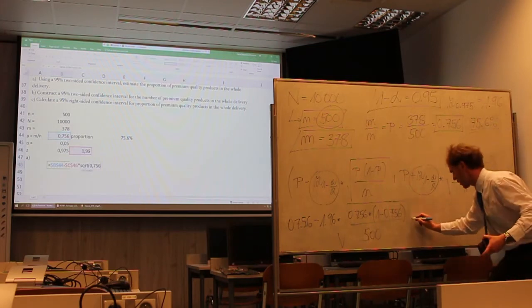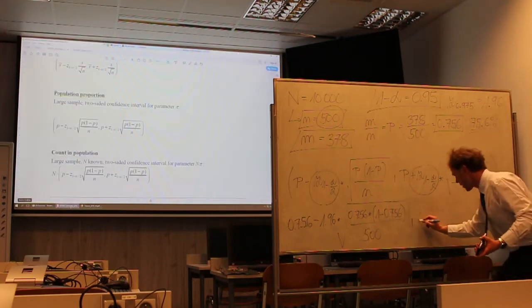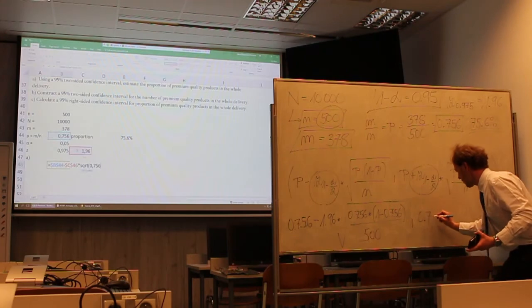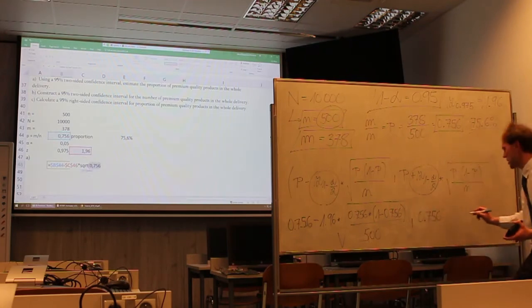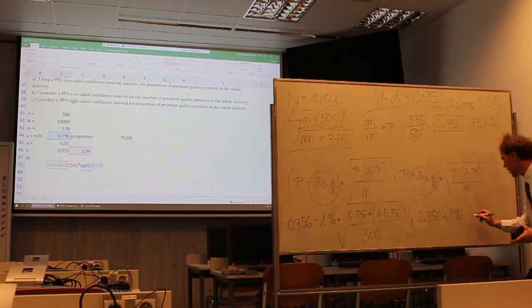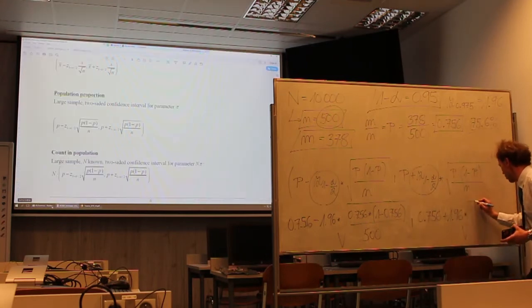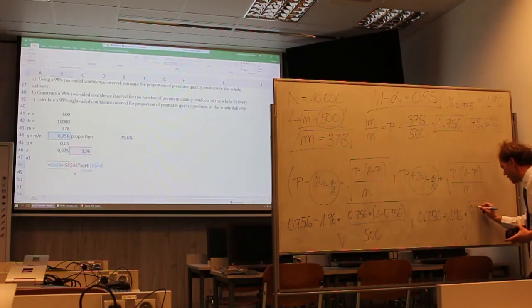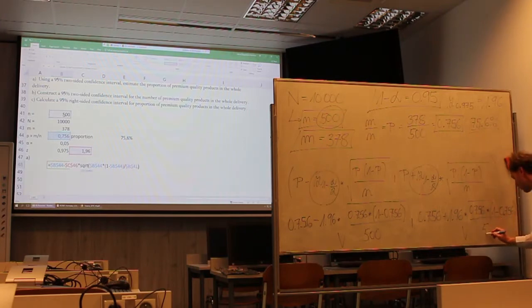So this is the left side and the right side: 0.756 plus 1.96 times the square root of 0.756 times 1 minus 0.756 divided by 500.